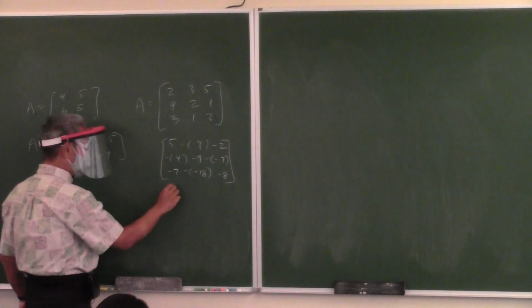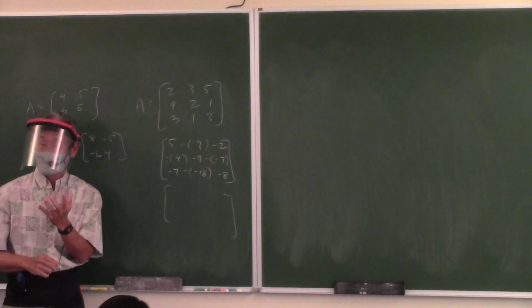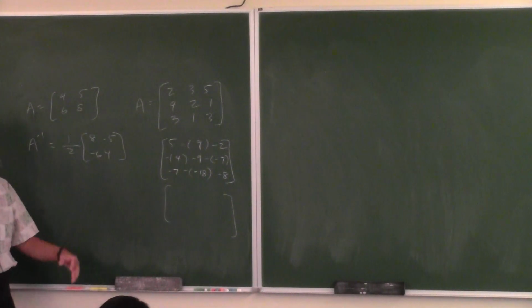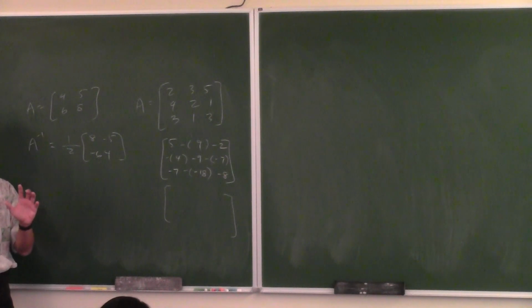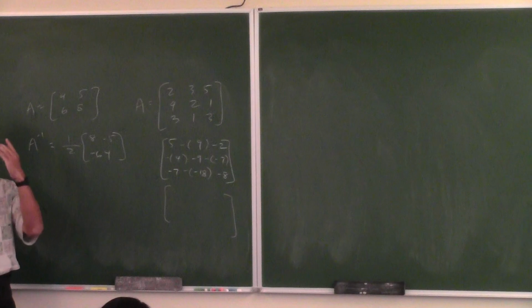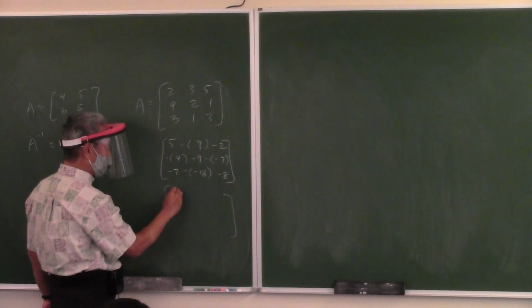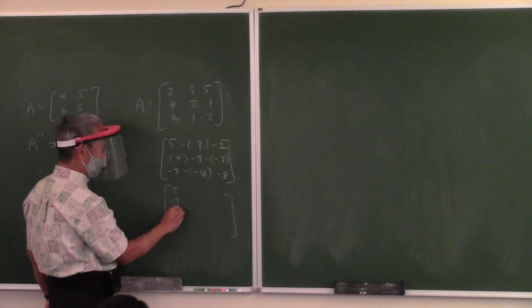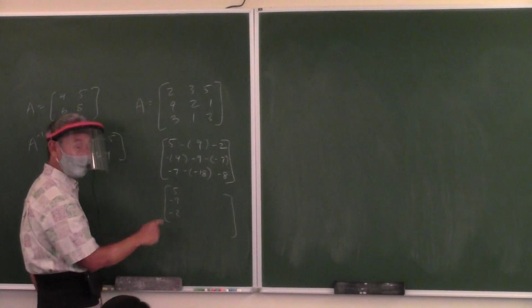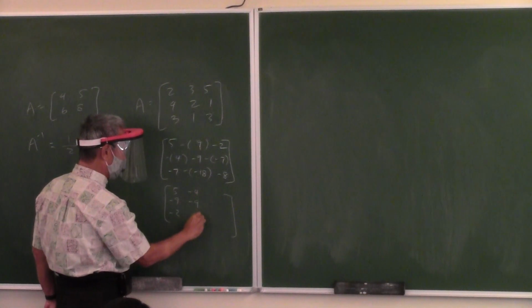Okay, now watch what I'm going to do. Now I'm going to transpose this matrix. What the heck is that? Transpose means interchange the row and column numbers. An easier way to think about it is, you see this first row? The first row now becomes the first column. The second row becomes the second column.